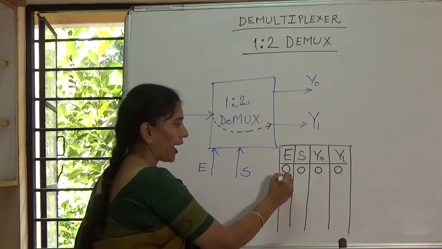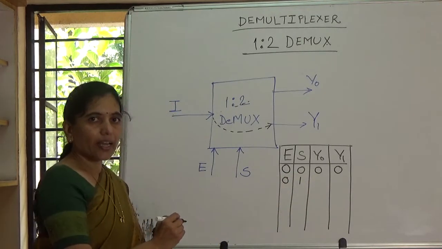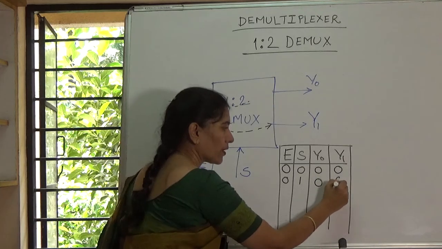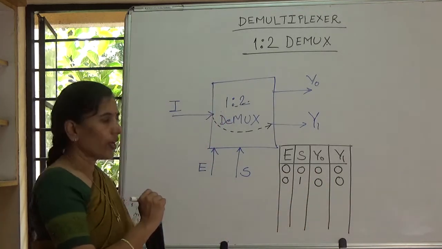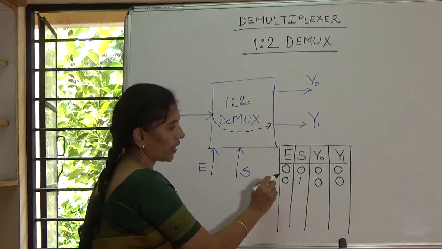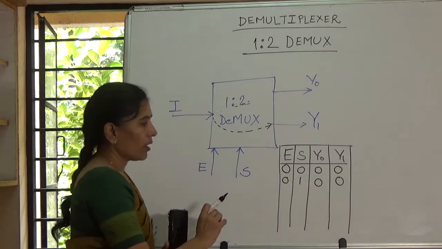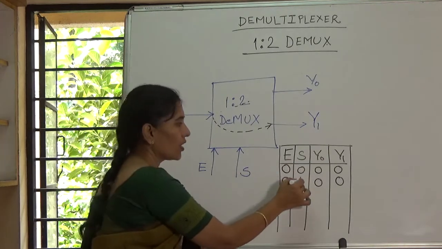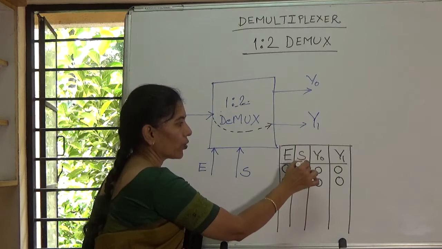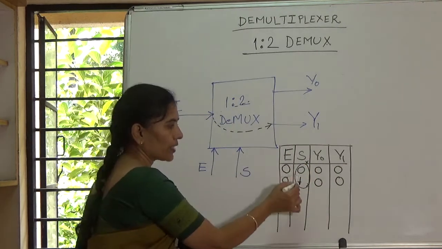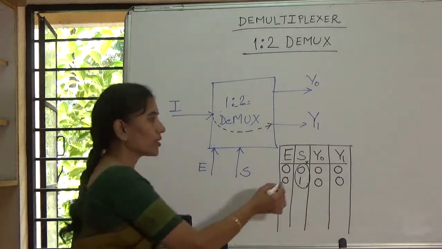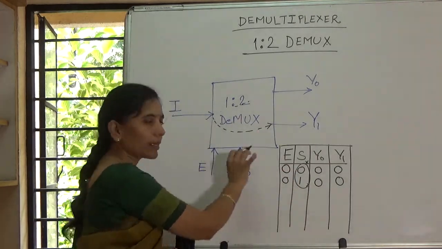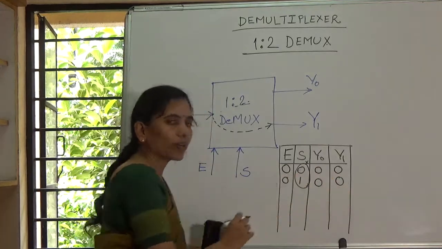If E is 0 and S is 1, even in that case the demultiplexer is disabled, so both outputs will be 0, 0. So this can be converted into one row by writing E is 0 and S is a don't care. These two can be combined into a don't care, which means that it doesn't matter what the select input is. If E is 0, the demultiplexer is disabled, and Y0, Y1 are 0, 0.